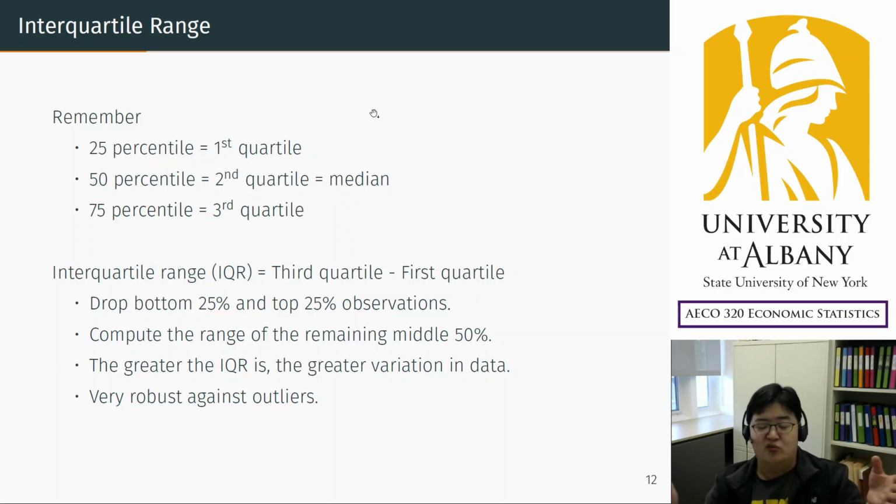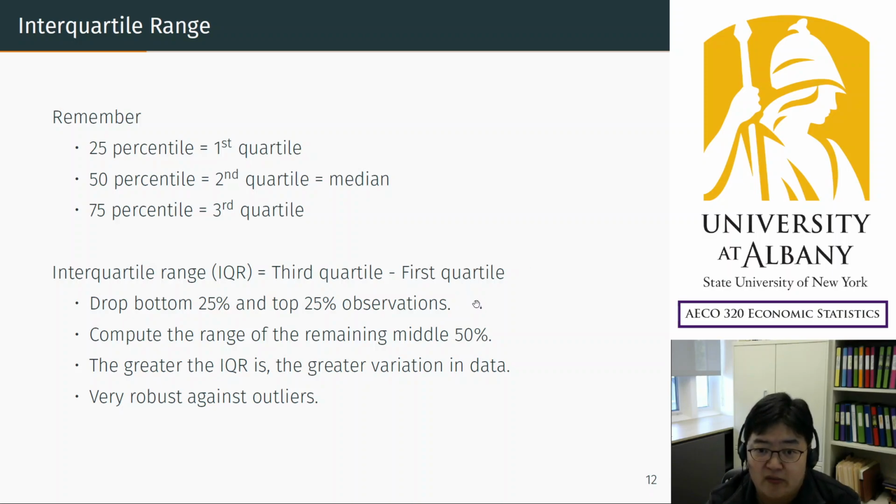If you divide the data into 4 equal parts, then each cutting point is a quartile. The interquartile range is defined as the third quartile minus the first quartile.